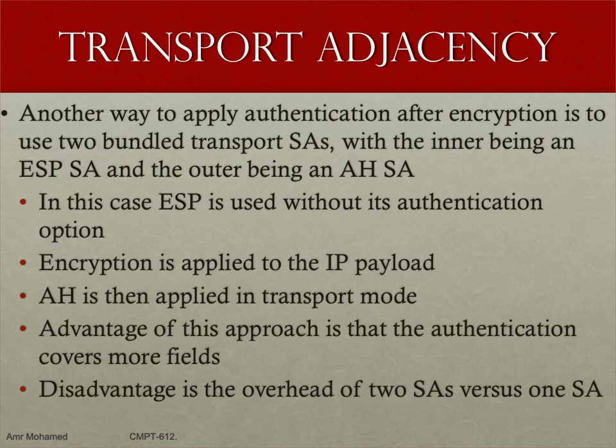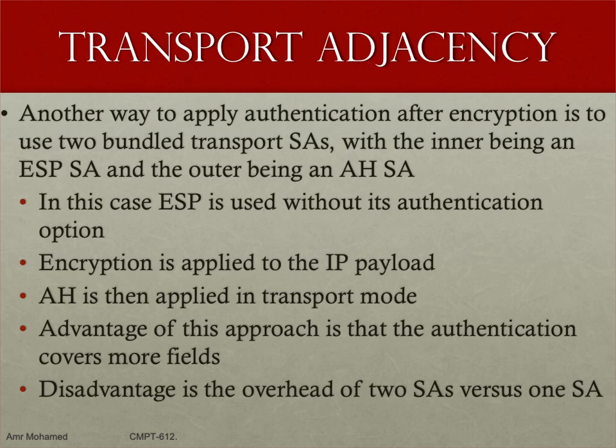Transport adjacency: another way to apply authentication after encryption is to use two bundled transport security associations. If you use ESP for both encryption and authentication, then you use one security association for both. So it's one security association per header, basically.